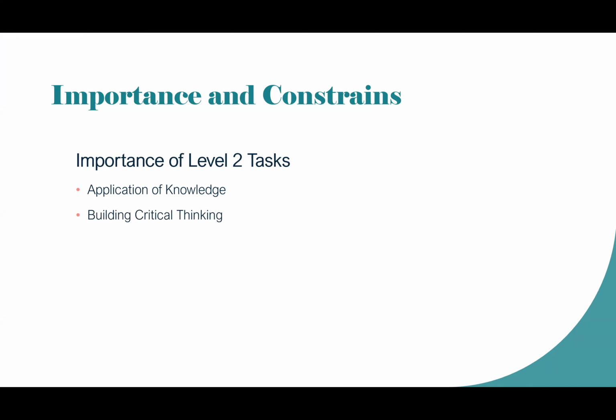Number 2, although level 2 tasks do not require the higher order thinking associated with complex problem solving, they do encourage students to begin using reasoning and logic to think about the material in a more applied way. These tasks help lay the groundwork for more advanced thinking.